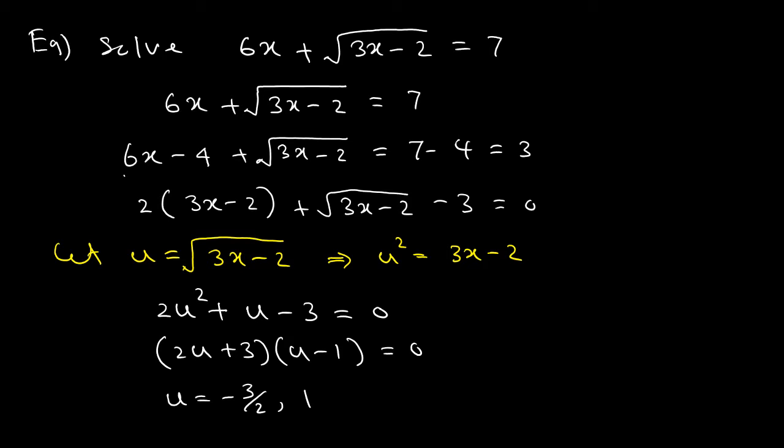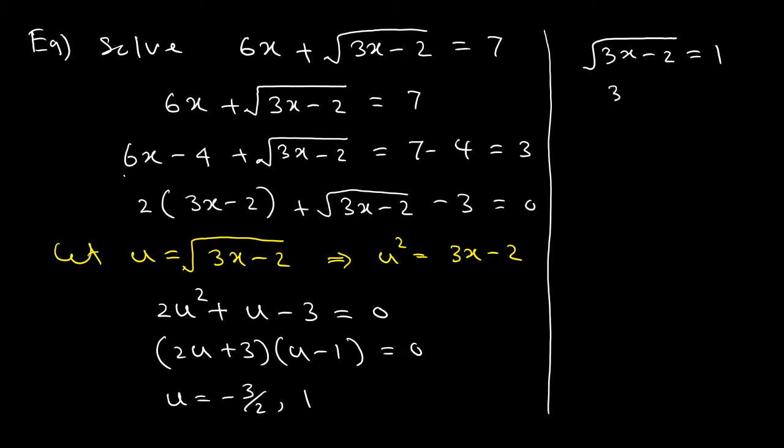Now what we can do is set each one equal to the term separately. So let's do that. If you go with the easy one, the square root of (3x minus 2) equals 1. You square both sides.